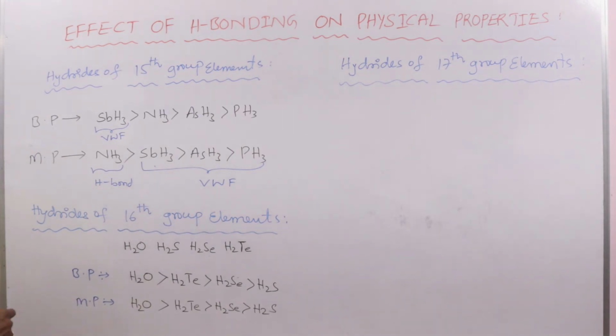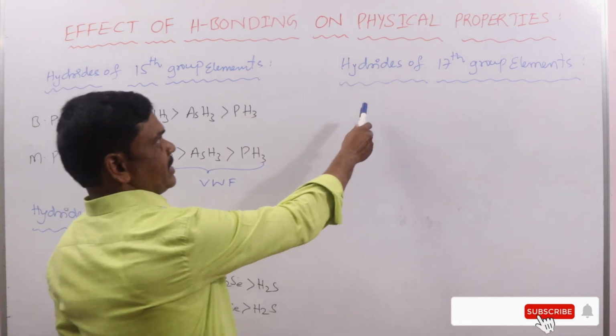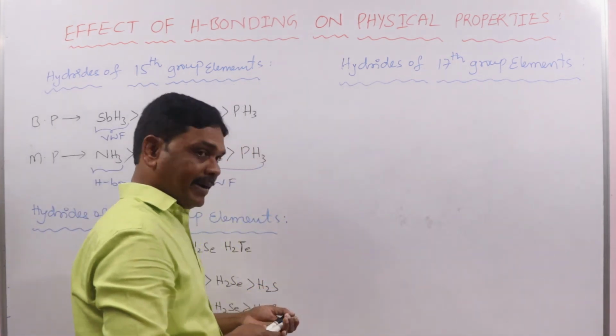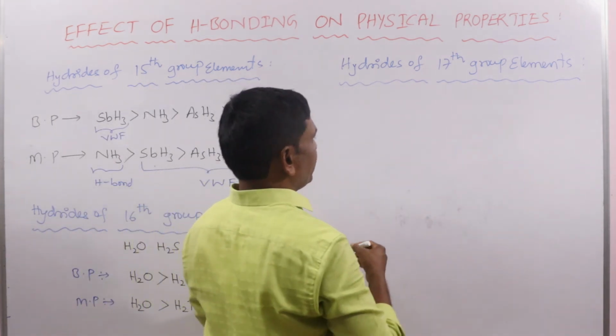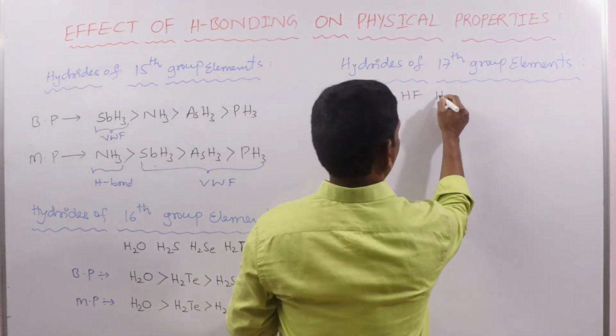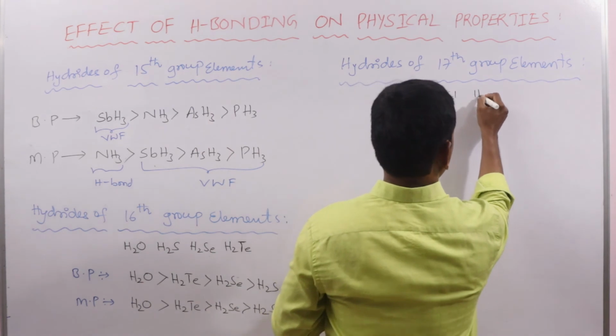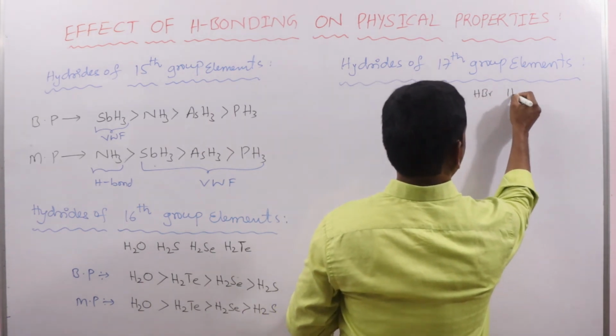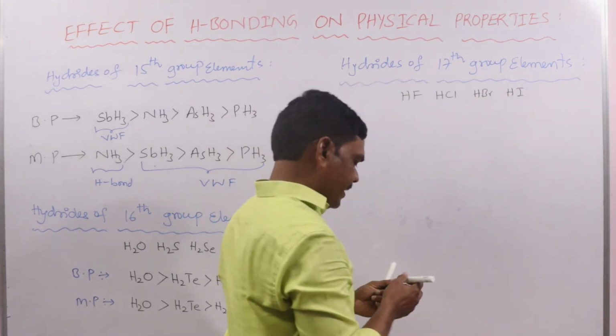Okay, so these are the order of melting and boiling points of hydrides of 16th group elements. So now hydrides of 17th group elements, so they are hydrogen fluoride, hydrogen chloride, hydrogen bromide and hydrogen iodide.